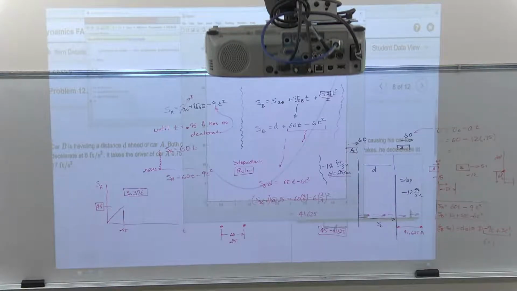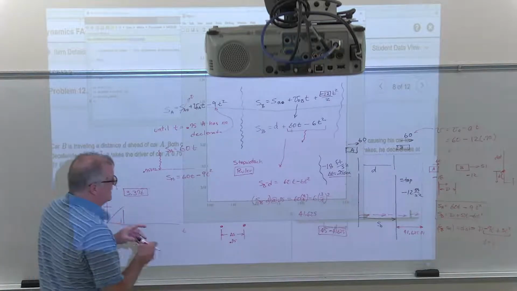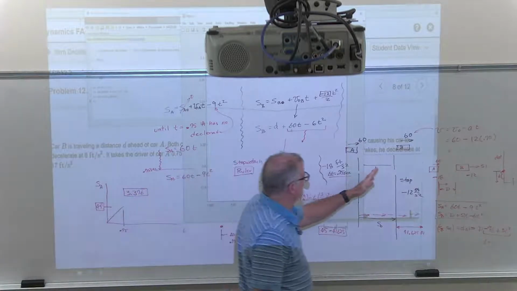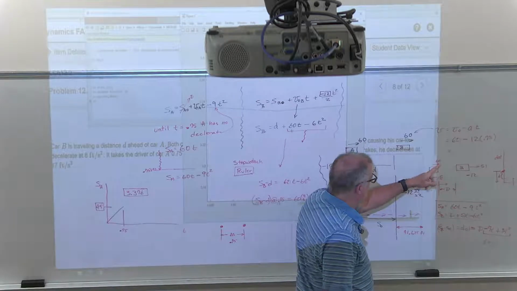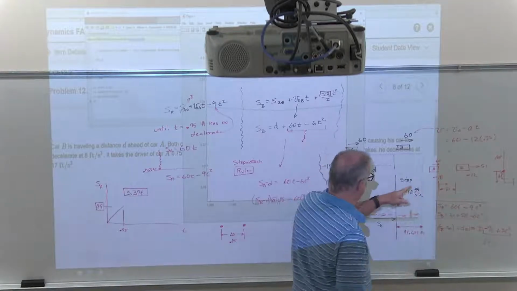But let's see, I'm going to zoom in. To me, it looks like about 1.5 seconds. So at about 1.5 seconds, that was a really poor way of getting around taking a derivative. So at 1.5 seconds, after the 0.75, they become the closest, and then the second car slows down faster.